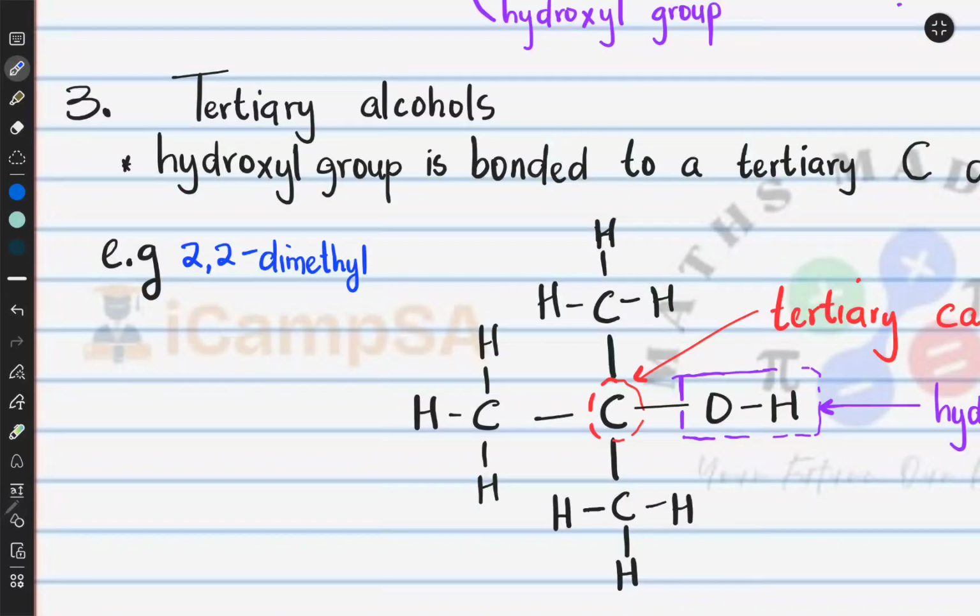Don't worry about it for now, we will learn how to name alcohols again, I repeat, later on. So yeah, but this one would be, oh, not 2.2, sorry, 1.1 dimethyl ethanol.